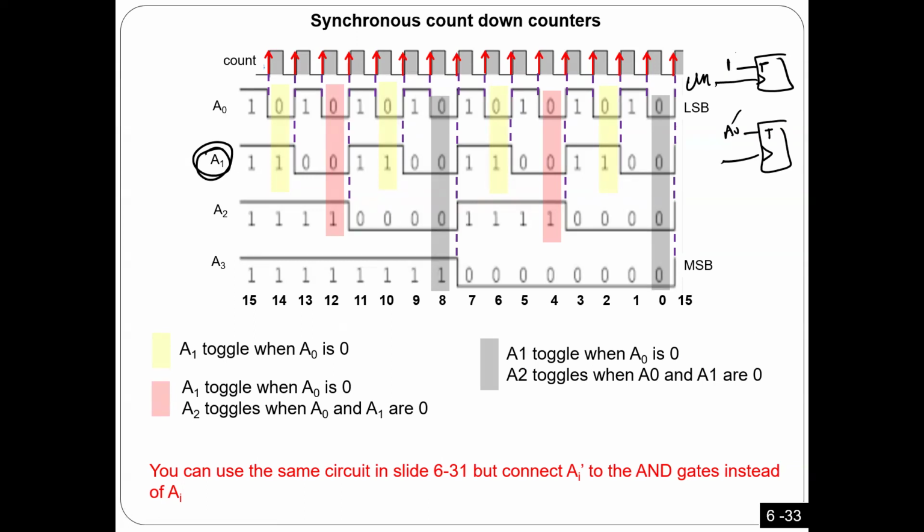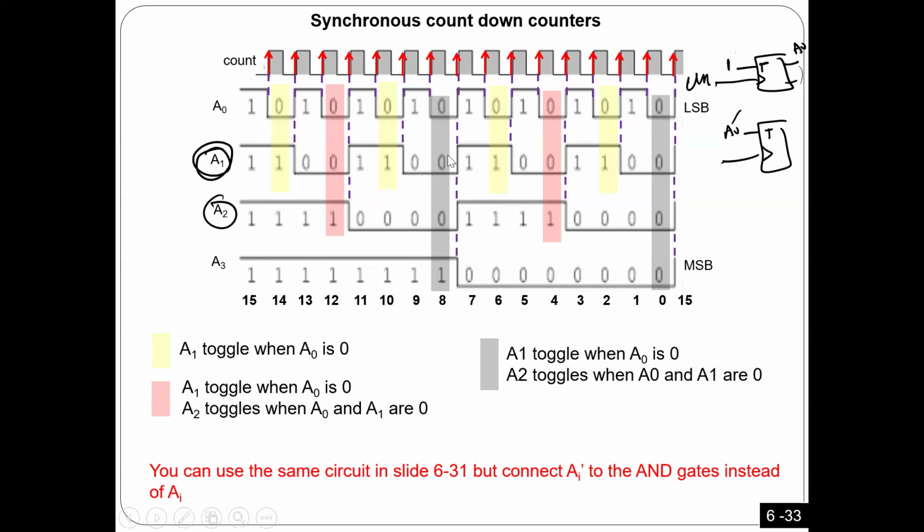How is this different from count up? Count up, it was A naught. So again, if you connect it to A naught, this is count up. If you connect it to A naught prime, it's going to be count down. Make sense? Also, if you look at the observation I have here for A2, when the previous two are zeros, this one has to toggle.